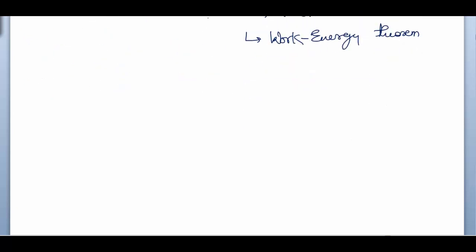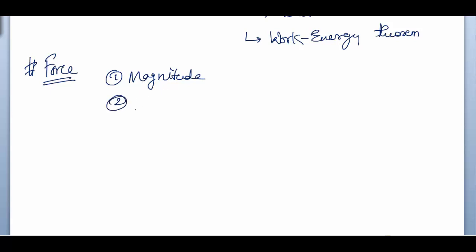So first we take the definition of force. To define a force, we should consider three parameters. First one is magnitude, second is direction, and third one is point of application.